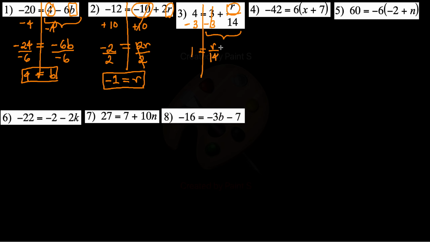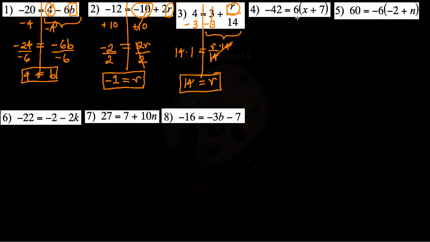Now how do I get r by itself? I multiply by 14 on both sides. R equals 14 times 1 is 14. And I'm done. R equals 14.